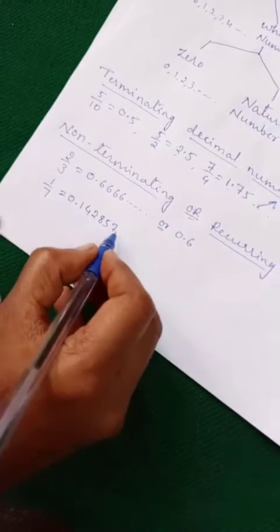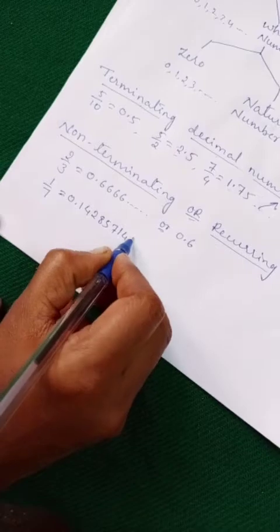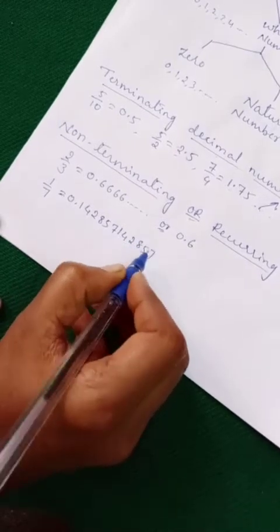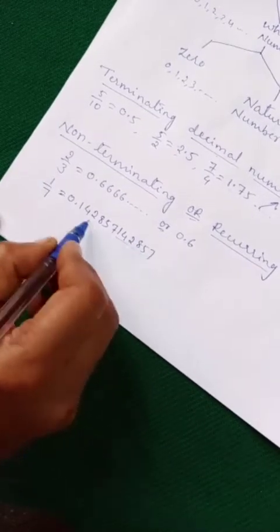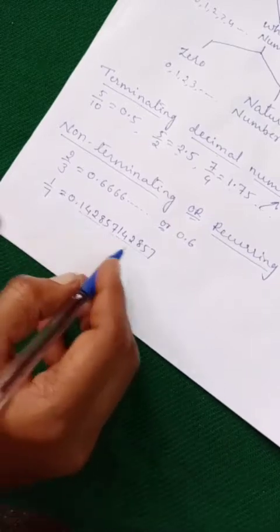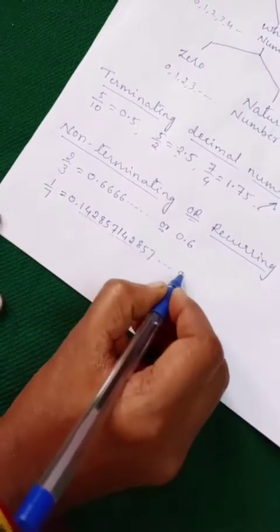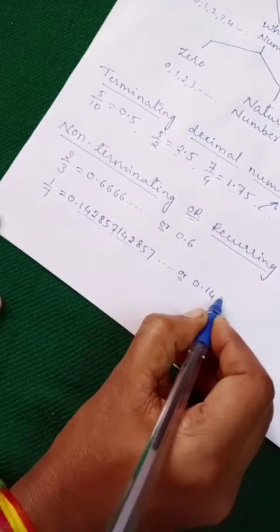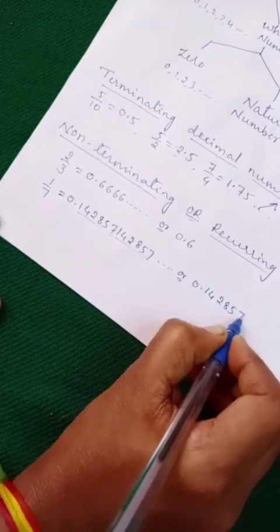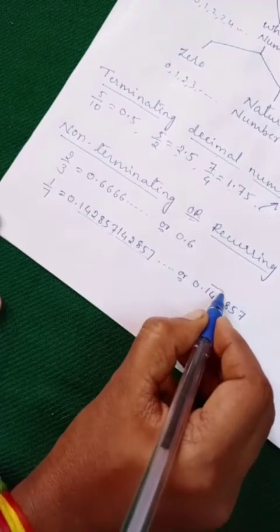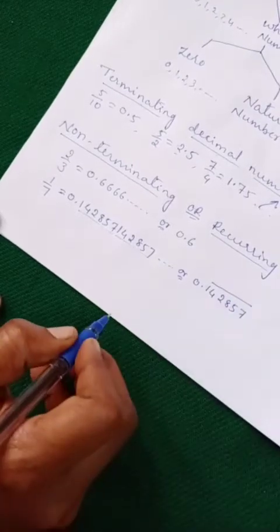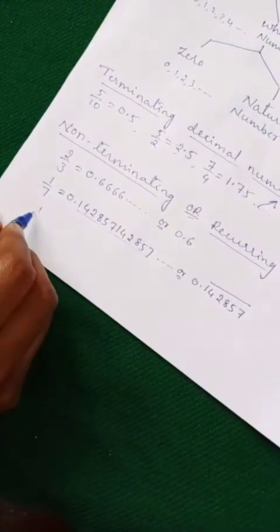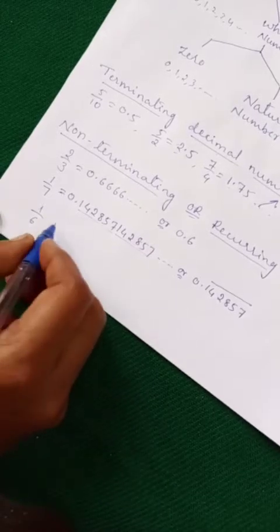Again, if you go on multiplying, we again get 1, 4, 2, 8, 5, 7, and so on. Or you can write it as 0.142857 with a bar. This bar indicates repeated terms.